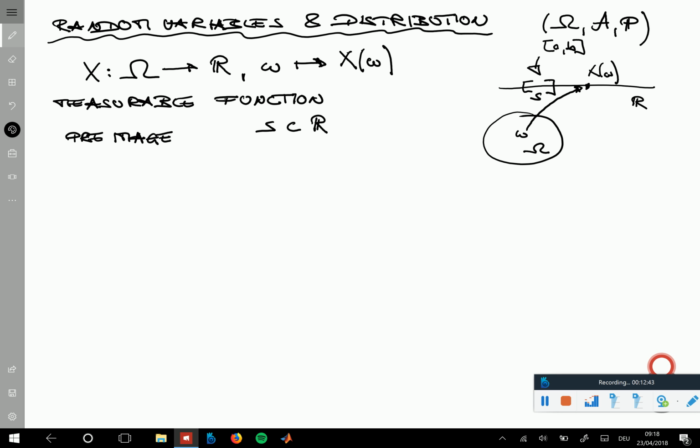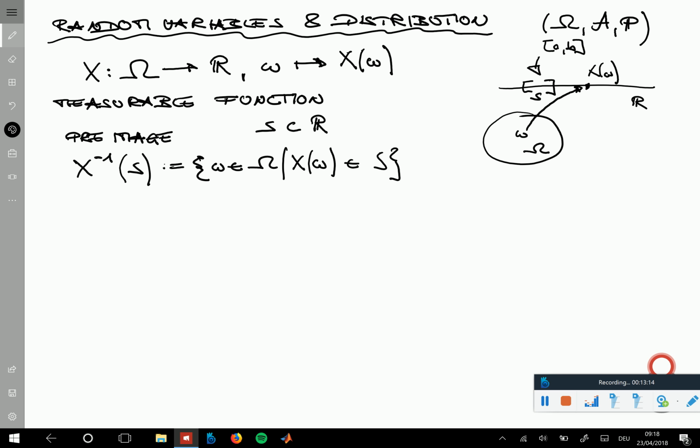Let's assume we have that. Then we can talk about what is known as the preimage of this set of the real numbers under X. And what that means is, and this is something one just needs to memorize, and then it's fairly easy, these are the omega in the outcome space for which X(omega) is in S. That's called the preimage.